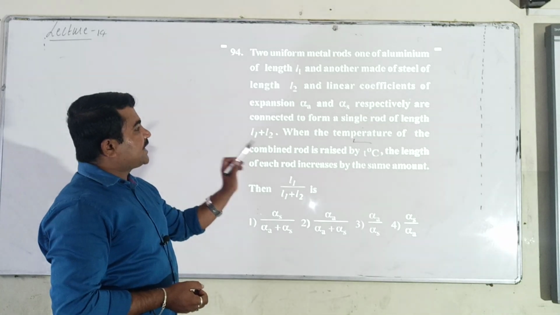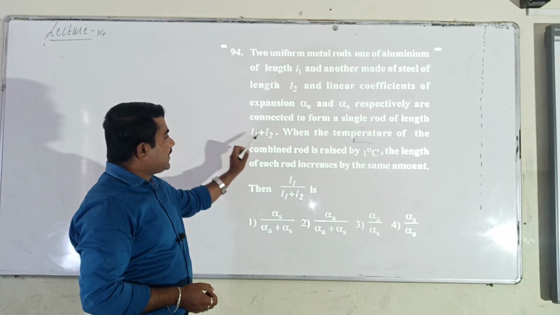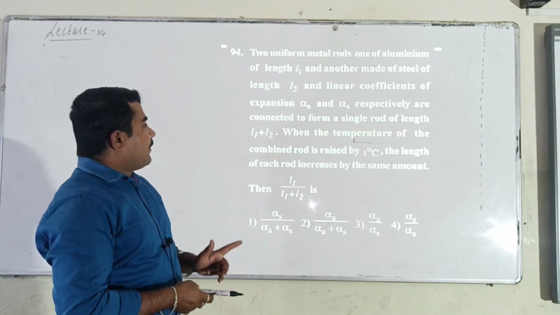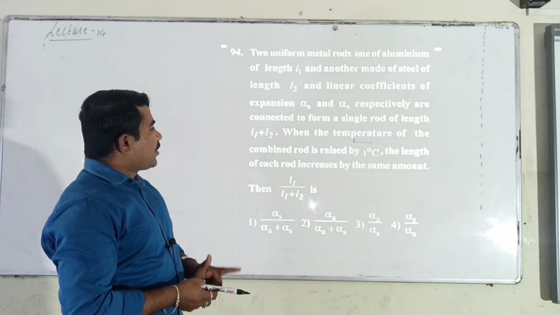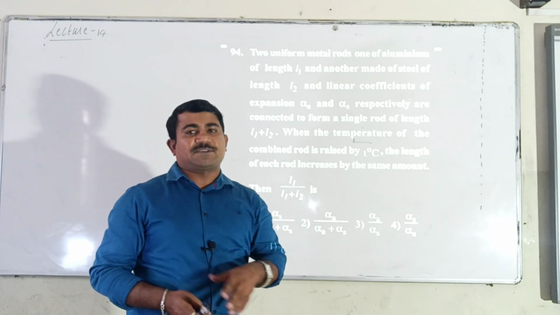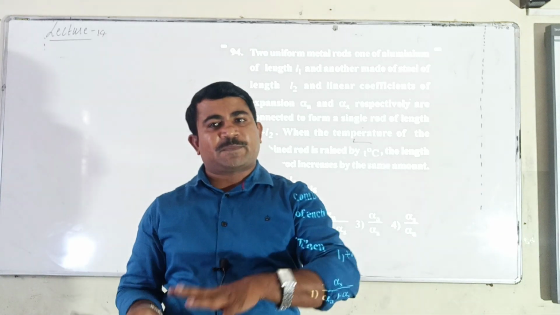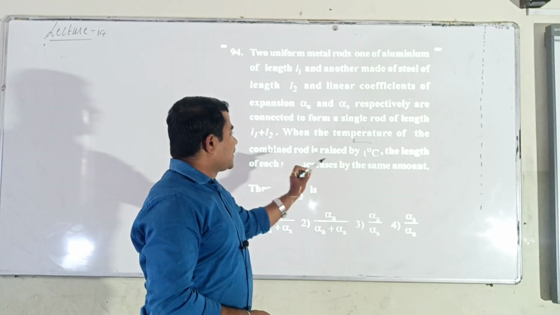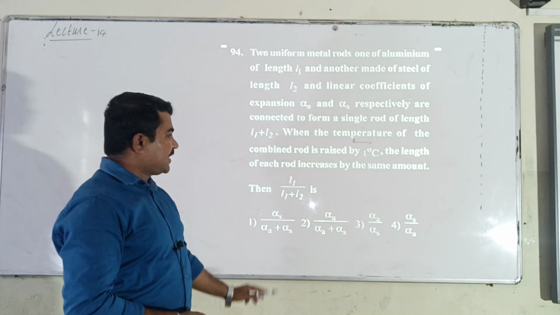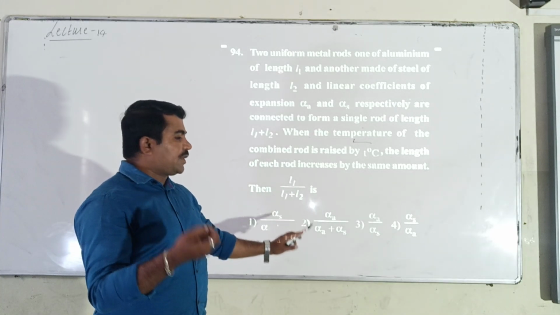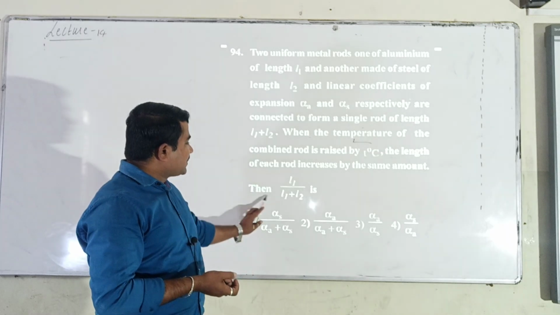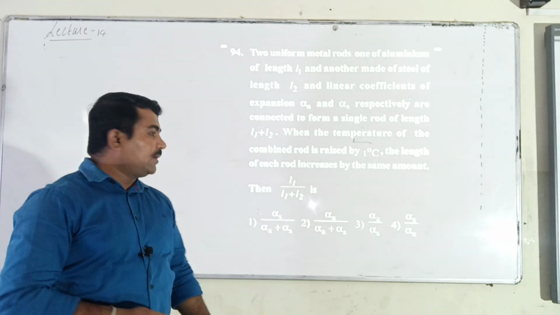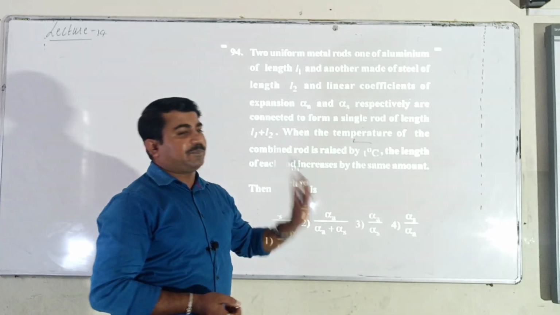They are connected to form a single rod of length L1 plus L2. When the temperature of the combined rod increases by T degrees Celsius, the length of each rod increases by the same amount. That is, the length of each rod, meaning the total length of the rod, is given as L1 divided by L1 plus L2. Then the following relations are valid.